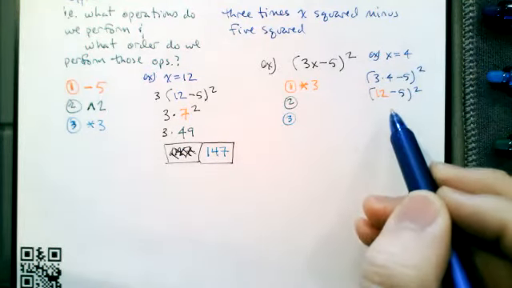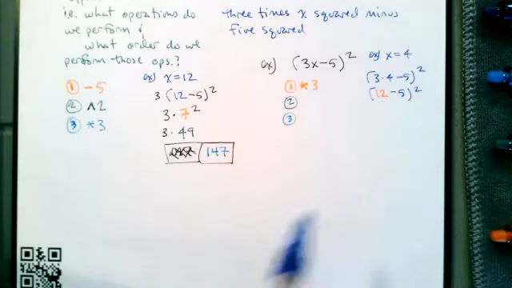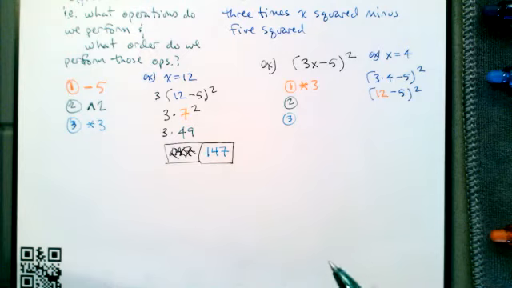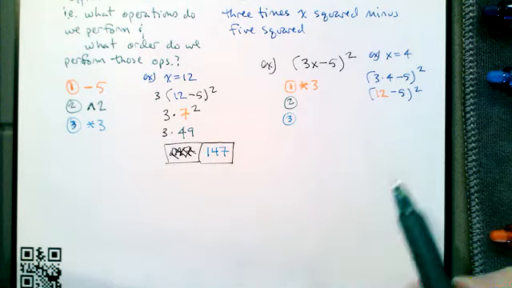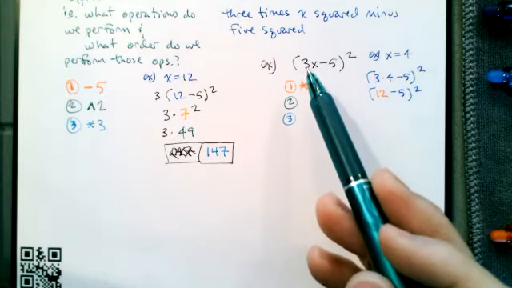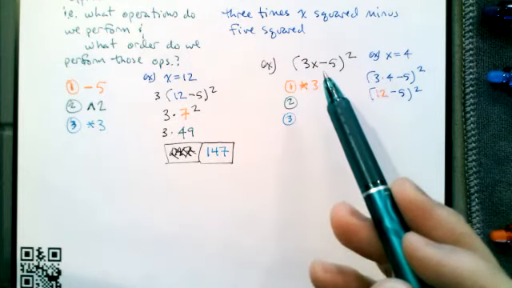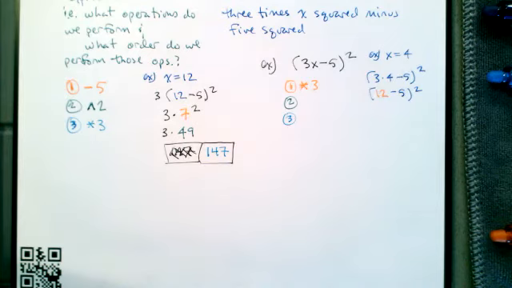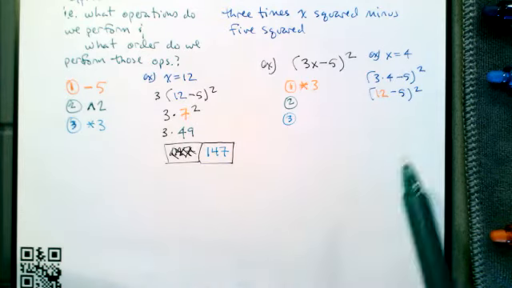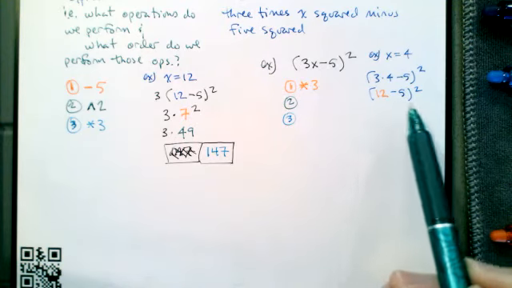Now in this expression, we got to 12. What's the next thing that we do? What's the next operation that we perform? We've done the multiply by 3. Do we square things or do we subtract 5? Are we ready to square things here?